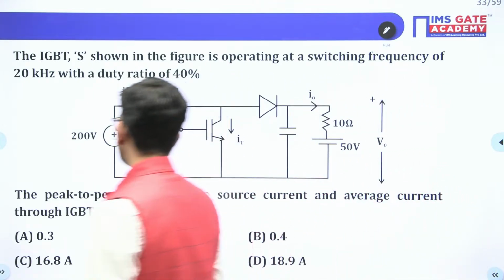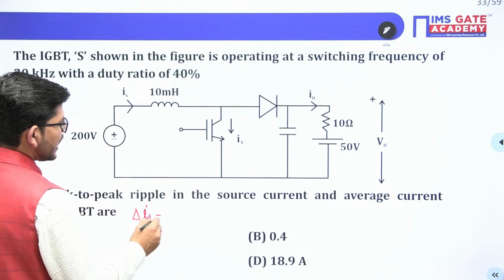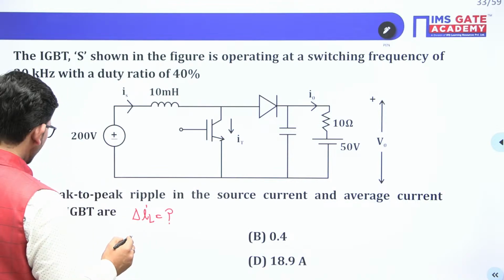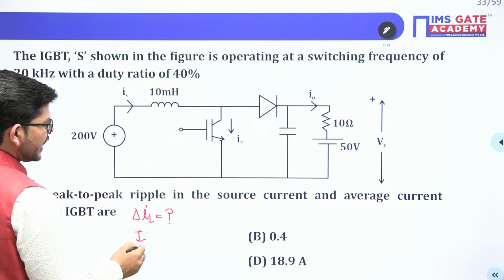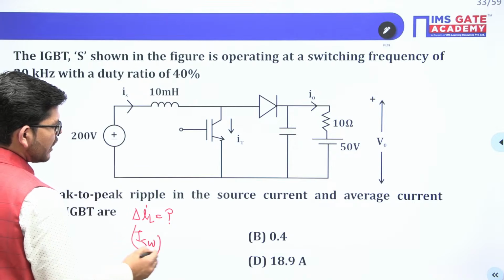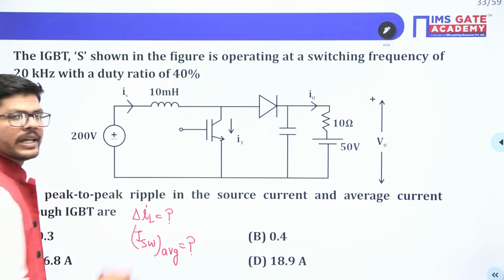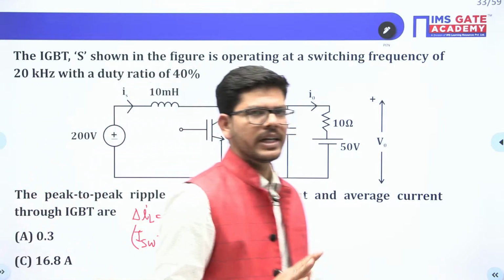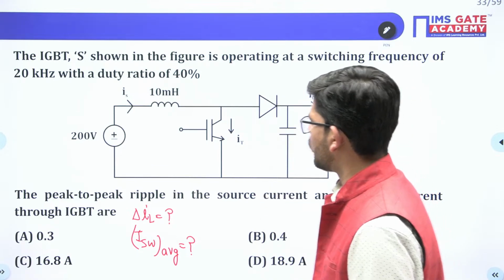So, what we have to calculate is what will be the del IL, and we have to calculate what will be the average current through IGBT. IGBT is a switch, so we have to calculate the average value of current across the switch. These two things we have to calculate here. Okay. So, now see how do you approach this problem.